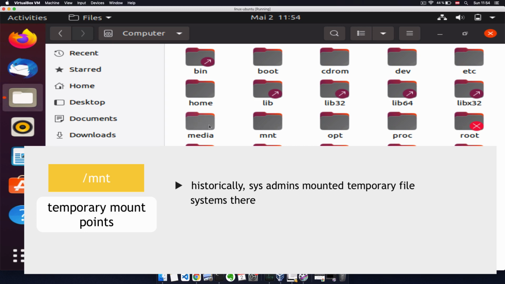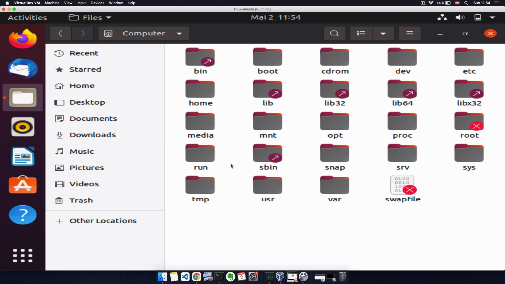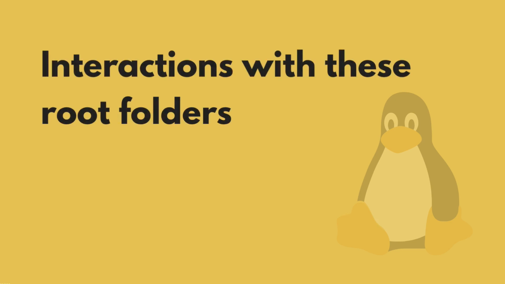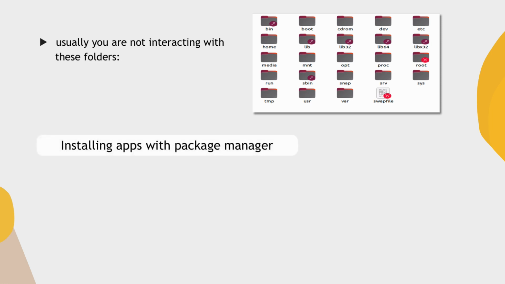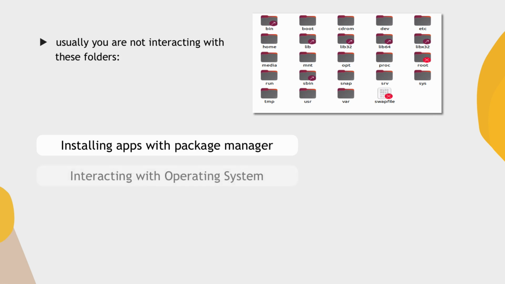As I said, this happens automatically, but if you want to manually mount, for example, a file system to your operating system, then you can use the mount folder for that. Now, one thing to note here is that usually you will not be interacting with these folders, right? When you install applications using a package manager tool or installer, and when you interact with your operating system, you will not be directly updating this stuff here.